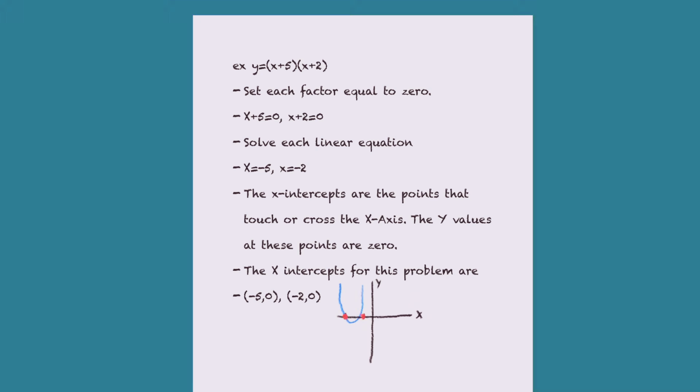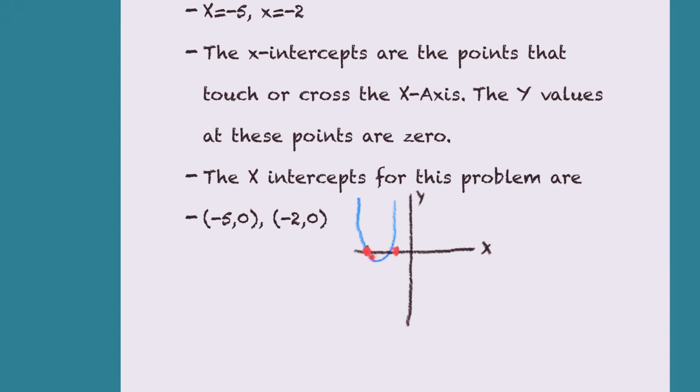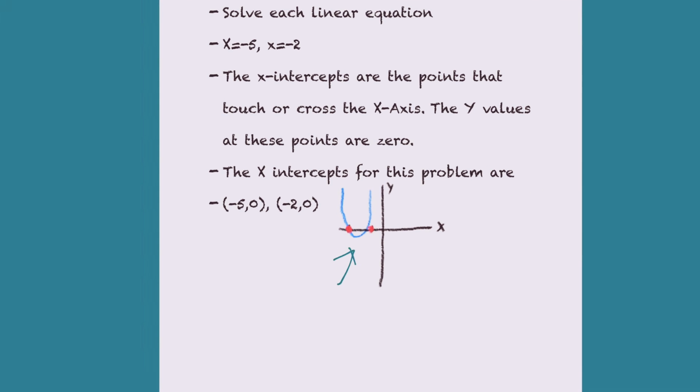So x equals negative 5, and x equals negative 2. So the x-intercepts are at the points that touch or cross the x-axis. The y-values at these points are 0. So in this case, we have negative 5, 0, and negative 2, 0. And keep in mind, too, if we wanted to know the vertex, we could find that out, too, and a few other things.